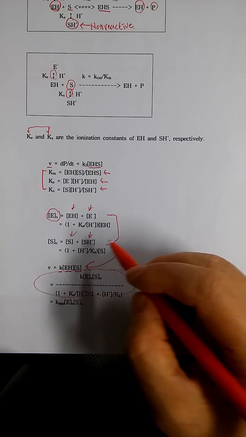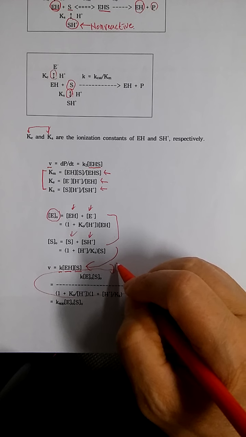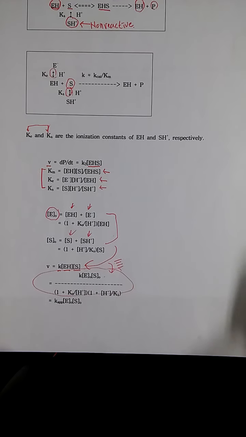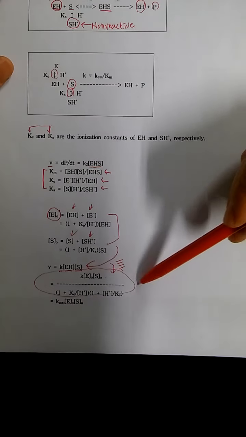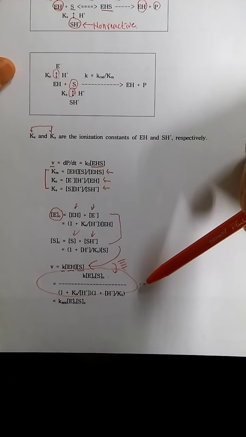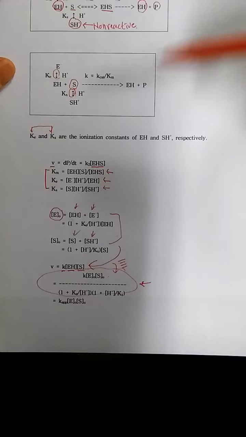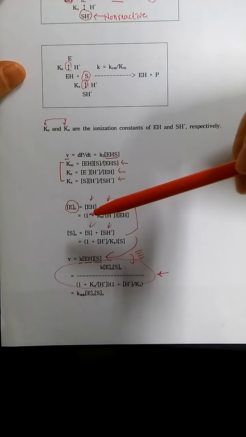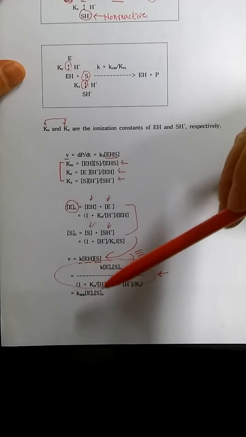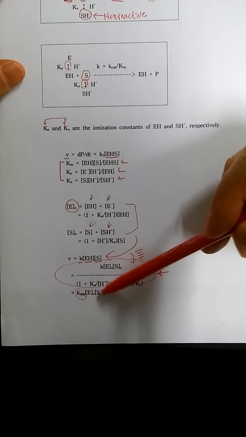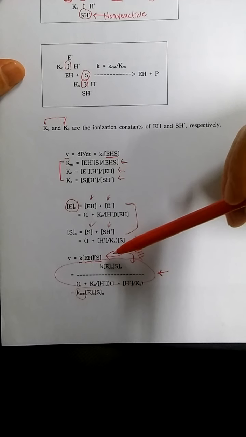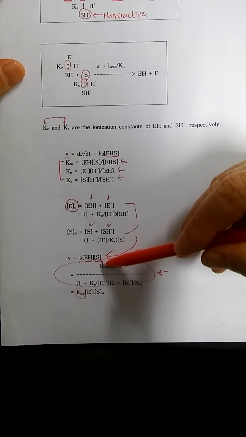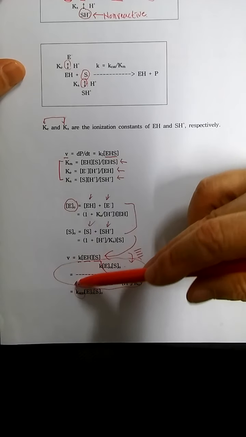Okay, so I jumped over a few steps between these two equations, but you can try to solve this to find these equations yourself. So we'll set this as k apparent E0 S0. Okay, so k apparent is k over this value. Okay.